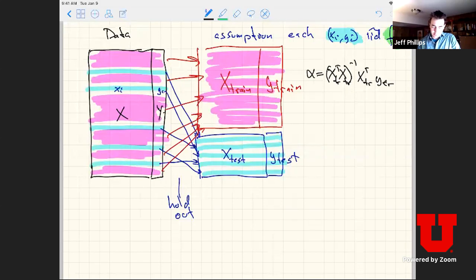So this model is built only on the training part of the data, not on the testing part of the data.